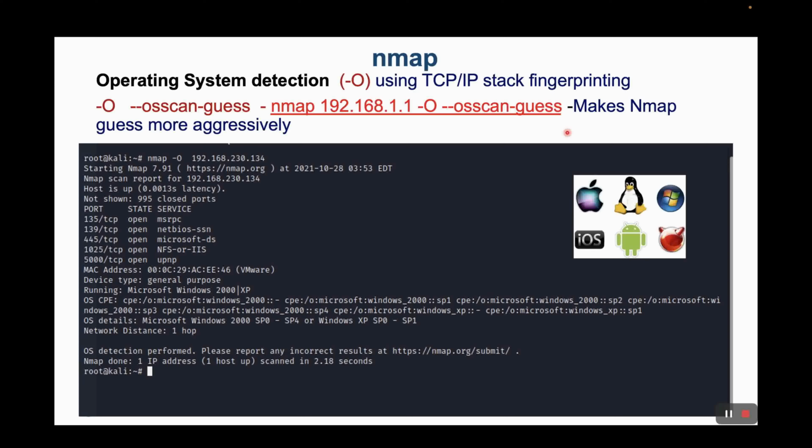But since the only thing being identified is the kernel, there is no way to know what distribution. For example, Nmap cannot tell you if this is Ubuntu or Debian or what, if they're using the same kernel. This is just an example.